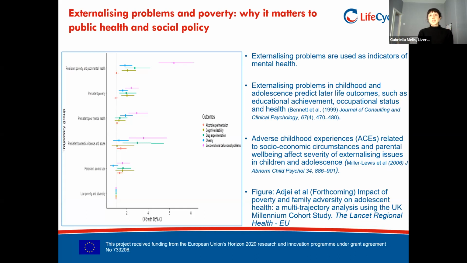What we present here are results using the Millennium Cohort Study data, showing that socio-emotional behavioral problems at age 14 are strongly related to parental persistent poverty and poor mental health and to other trajectories of life course disadvantage.